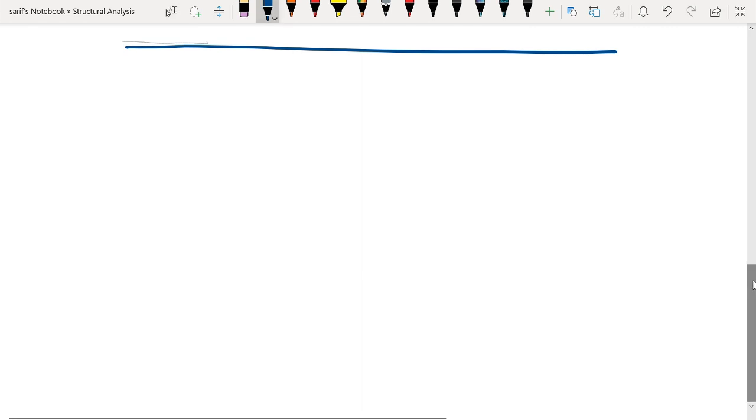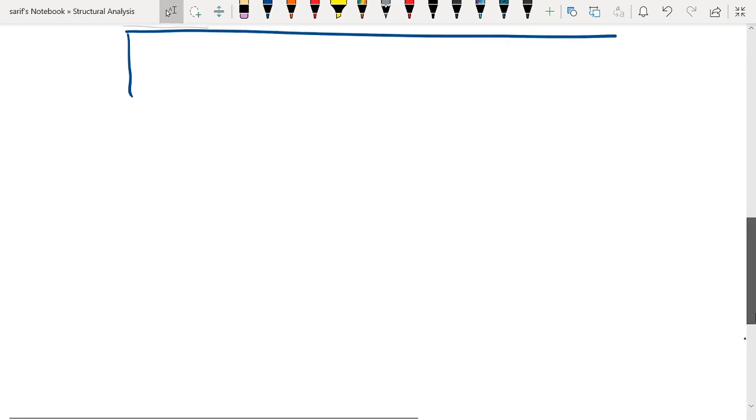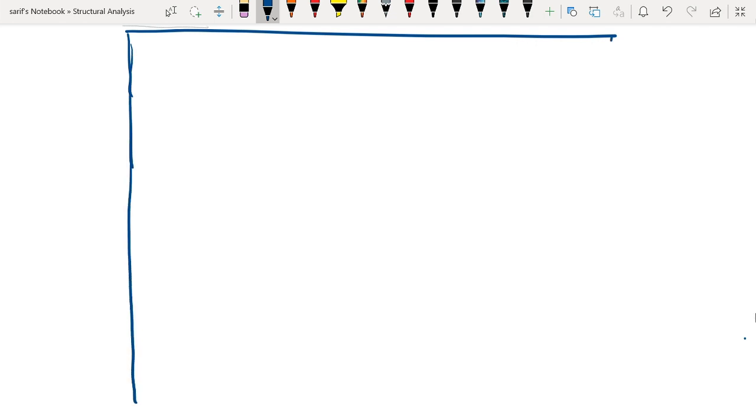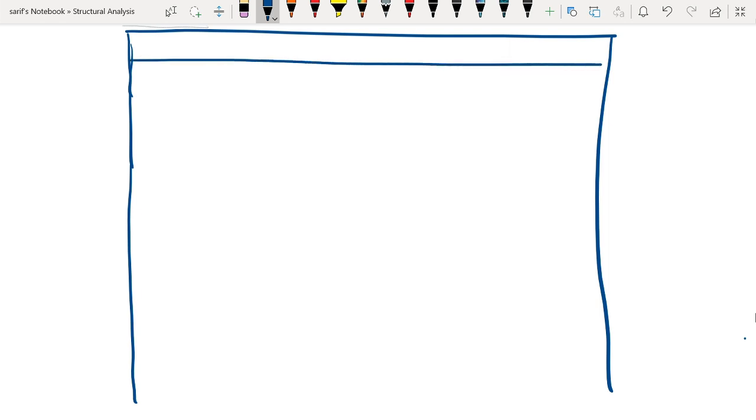If we look into this tabular form, the first column is for the joints. So we have joint A, the next joint is B, next joint is C, and the last joint is D. We are having 4 joints there, so we write all the 4 joints.